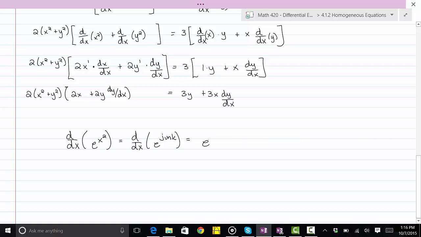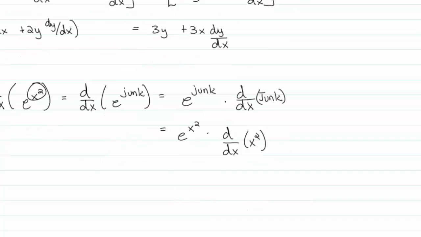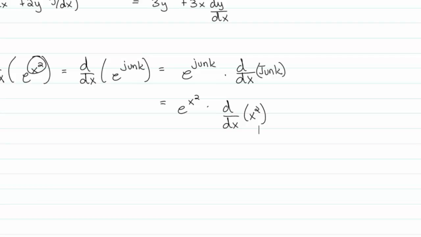Well, that's just e to that power times the derivative with respect to x of whatever that power was. Let me fill in this stuff. The junk here was x squared, so e to the x squared times the derivative with respect to x of x squared. And of course, that's a squaring function, so technically its derivative is just 2x, but I'm going to be, again, somewhat wordy about it.